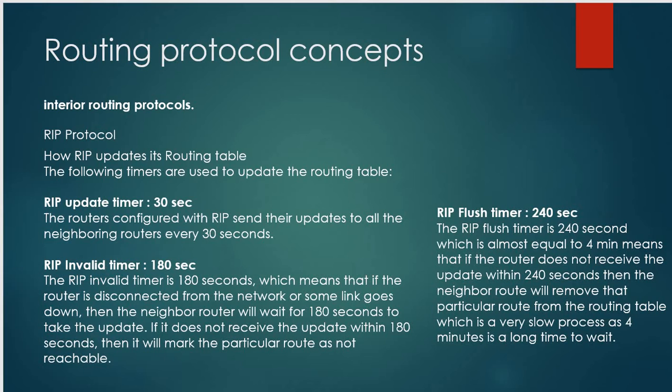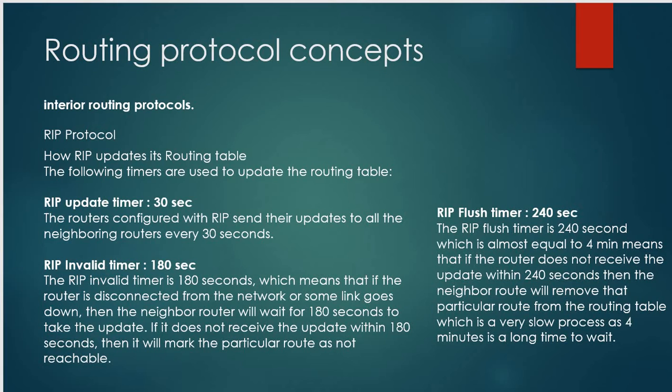Once a packet arrives at the router, we have this feature. If this goes down, then the neighboring routers wait for the packets, and within these 180 seconds, if they do not receive the updates from the neighboring router, then the router detects that the router is non-reachable.